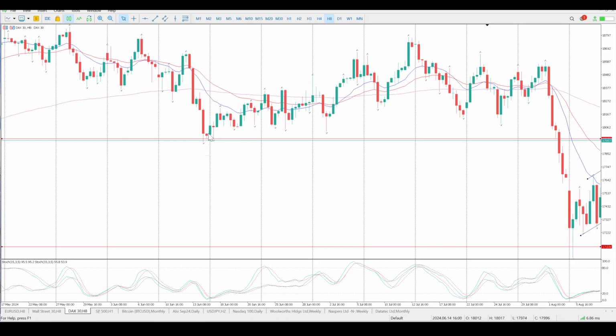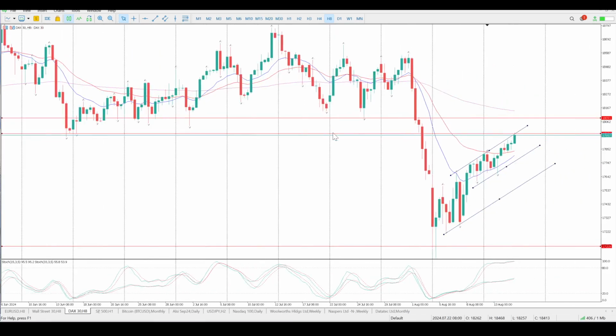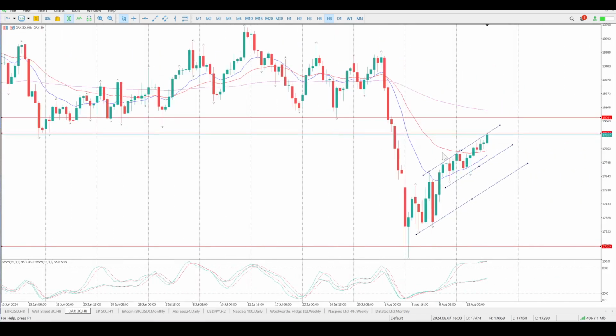And bear in mind that for pretty much most of June, from early June to July, we were seriously confused and using this zone as a support area. So it would be foolish to assume that that is just going to be broken and we move to the upside and just ignore it.